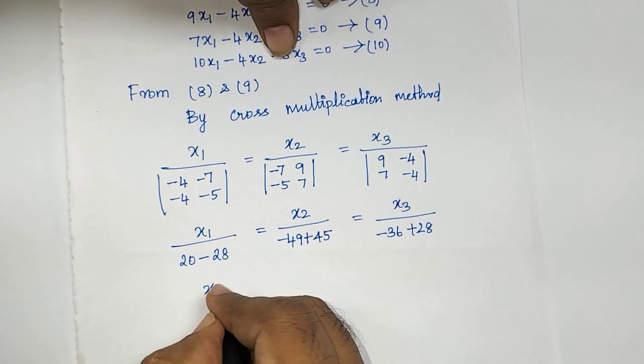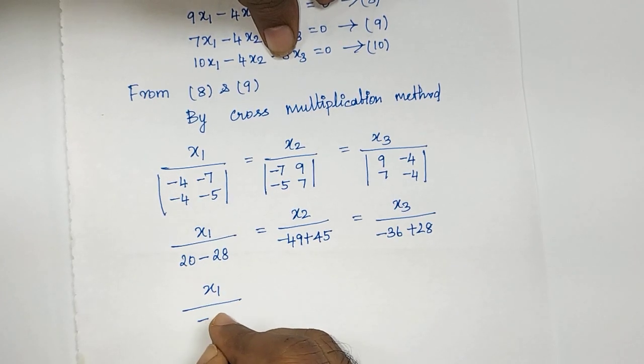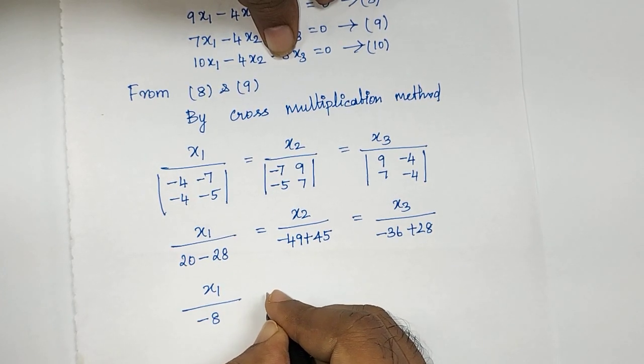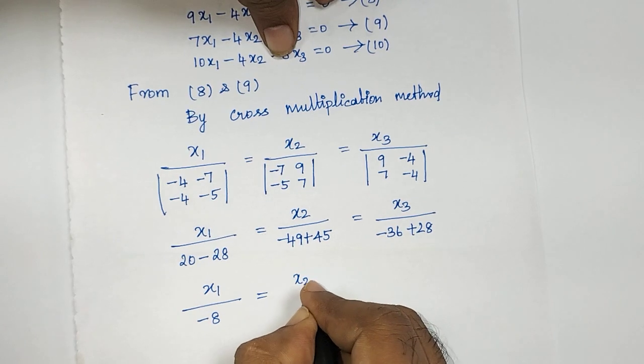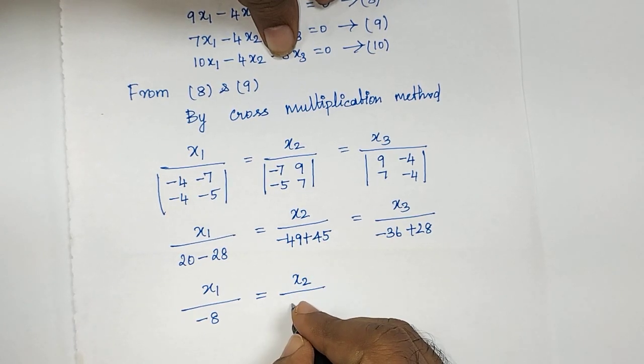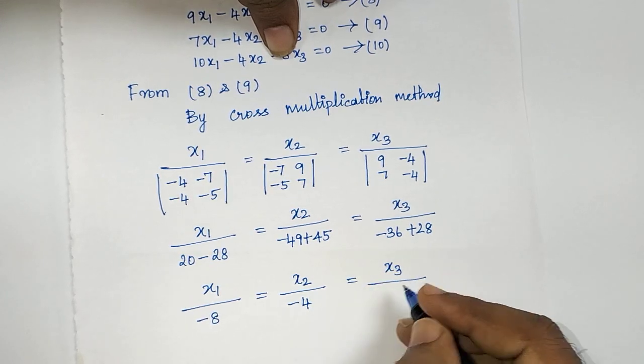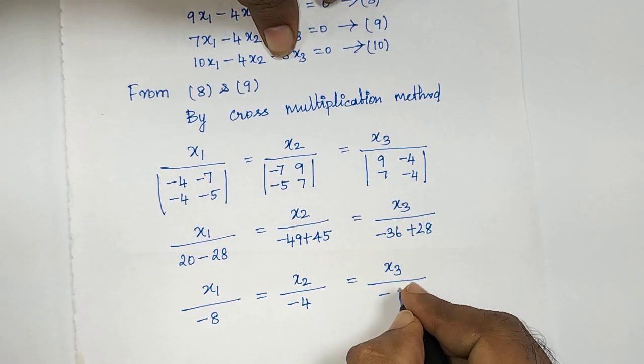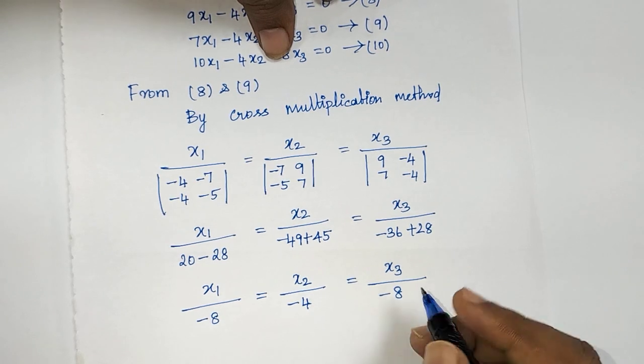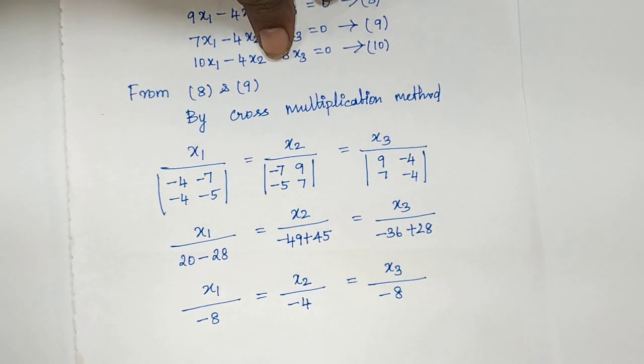So I'm writing x1 divided by minus 8, x2 divided by minus 4 and x3 divided by minus 8. Commonly I'm going to divide by minus 4.